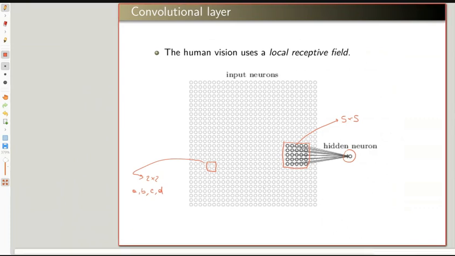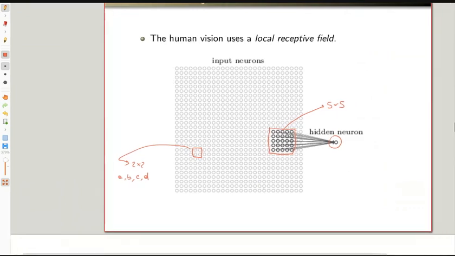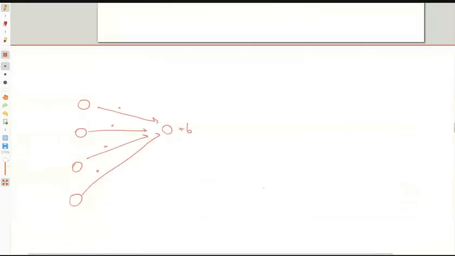I'm not sure I'm explaining. I will try again here. When I have 4 inputs here, I will have also 4 weights here. Okay.